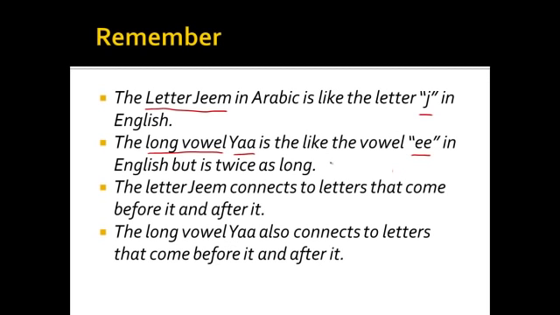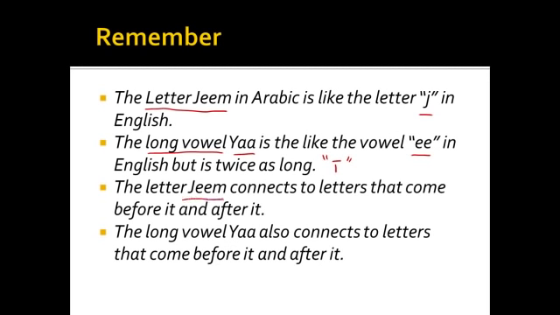So we're actually going to write it like this when we transliterate. It's going to be an I with a little line on top of it to differentiate between the sound E and E. Okay? So again, it's twice as long as the double E. And we're going to write it like this when we transliterate it.